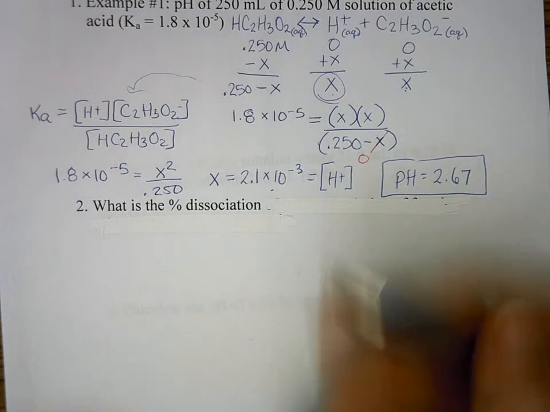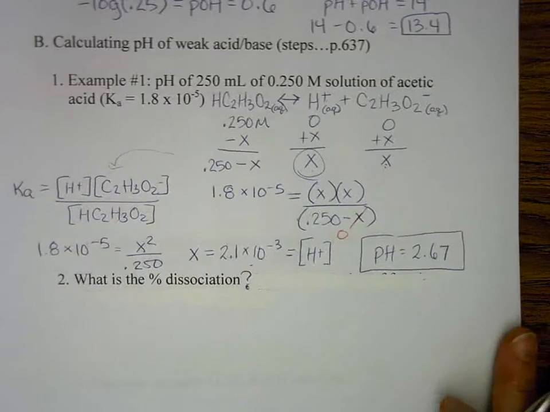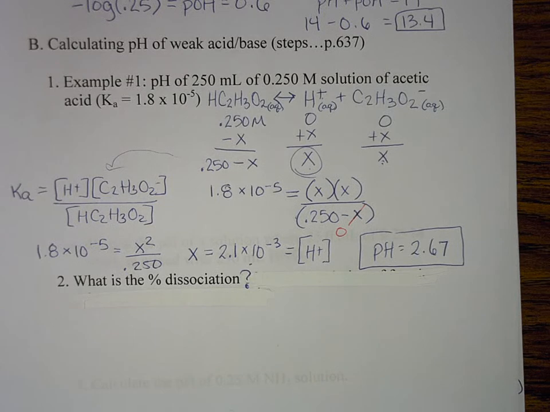An addition to that question would be, once you go through and you figure out it's a weak acid, so you know that it doesn't dissociate 100%. You know that only some of it does. So an added question after you figure out concentrations and pHs and all that stuff would be, what was the percent dissociation of the weak acid?